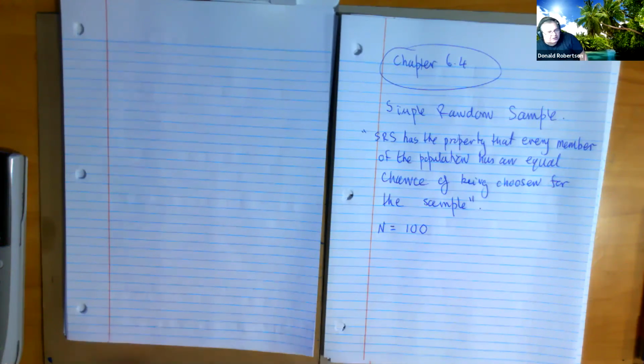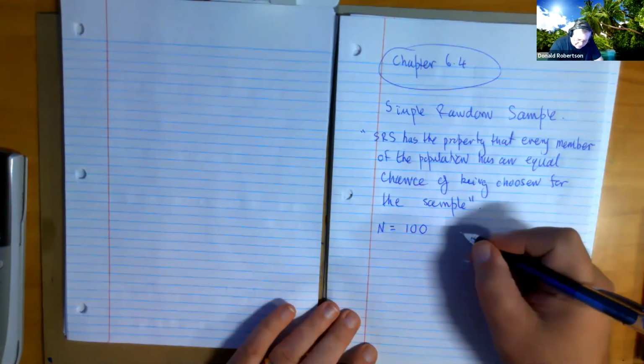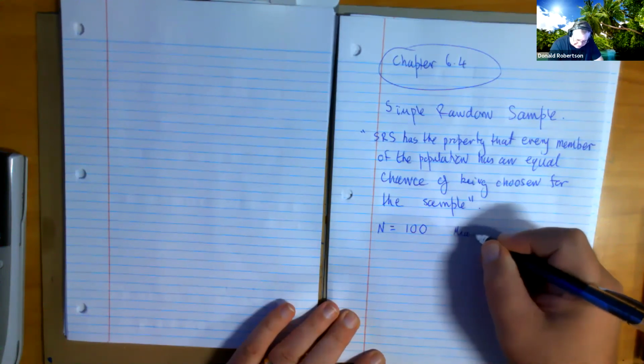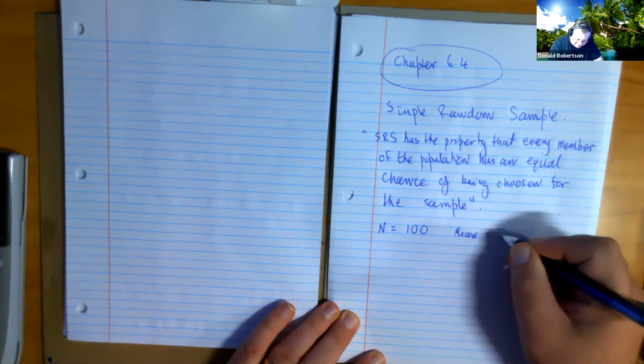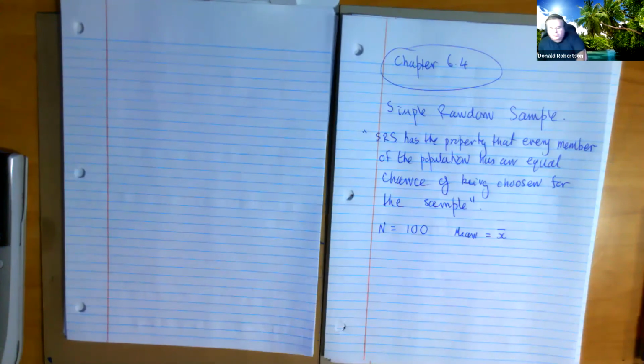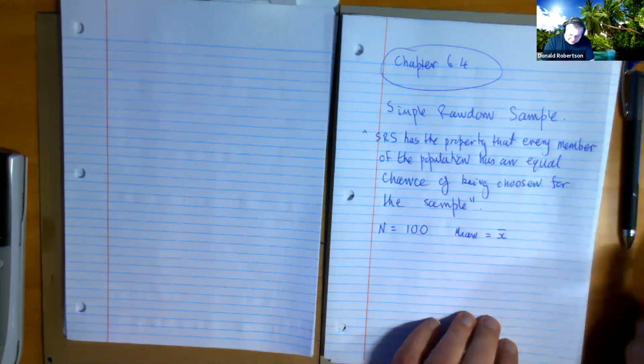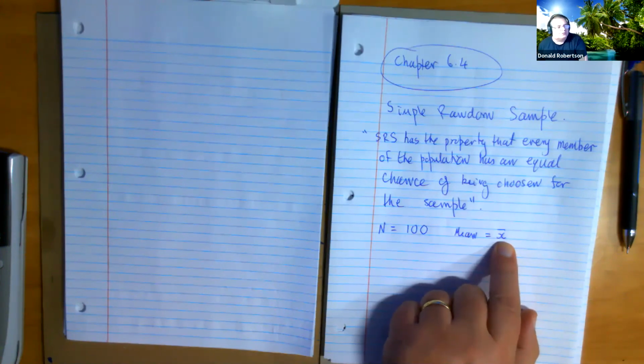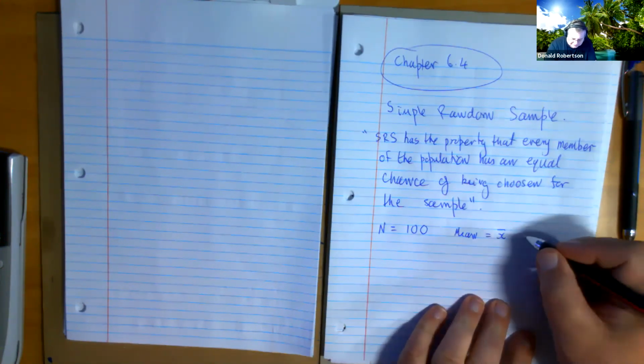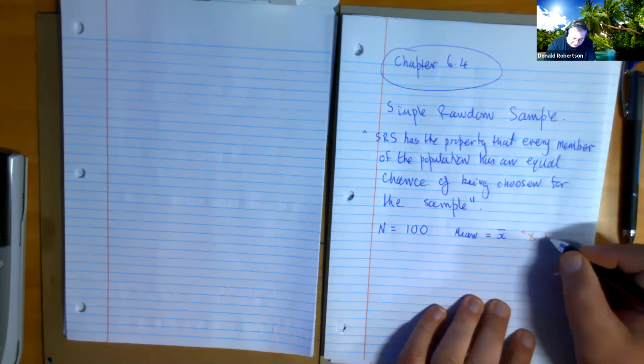That means anybody in Bremerton could have been picked. You picked 100 of them, right? And you came up with a mean. We call the mean of a sample this x with a little line above it. Can you remember how you say that out loud? You say x bar.